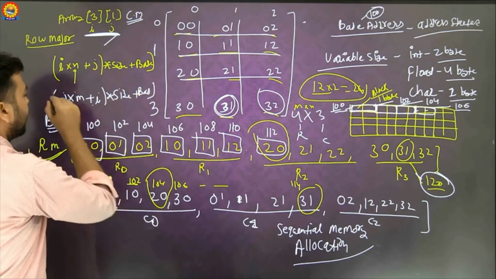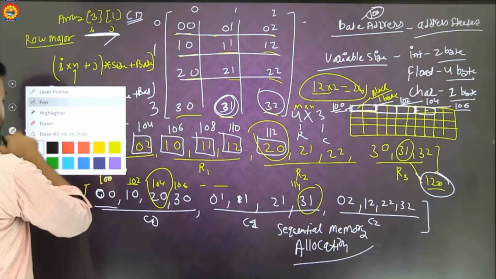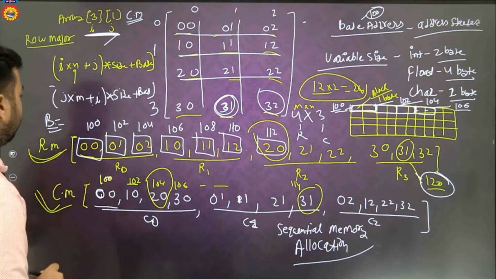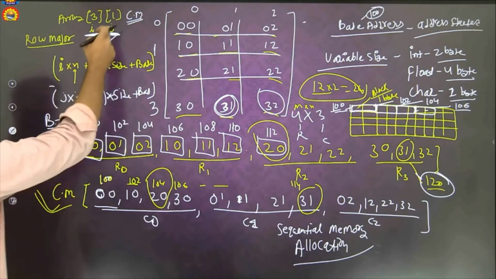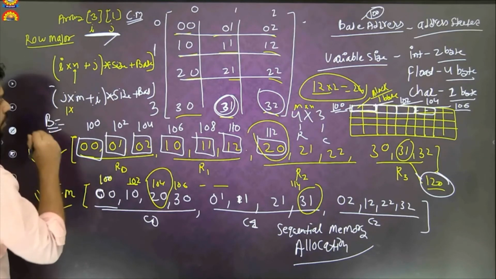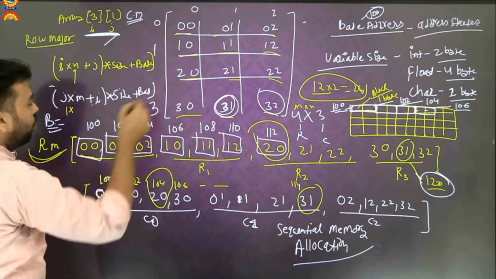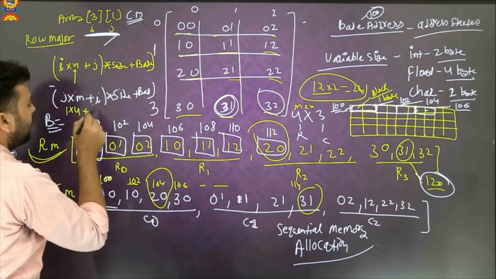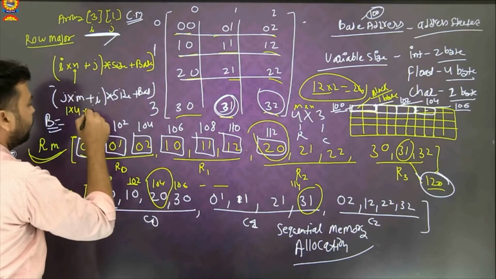Let me check it. Suppose j equals 1. So we put 1 into the number of rows. Number of rows are 4, plus I. I equals 3.